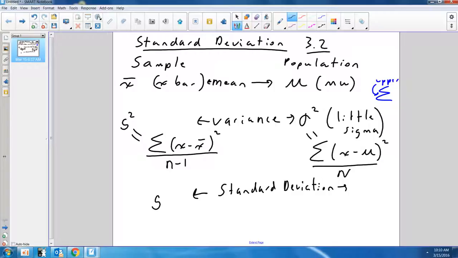As well as little sigma: this is little sigma squared, you take the square root of it, and you get little sigma. So there's a difference between sample and population. It's sometimes not real clear if you're talking about a sample or population. On the test, I will be clear to tell you that this is a sample, and then you need to know to go on the left side, or that this is all of the numbers, therefore you're going to go on the right side.